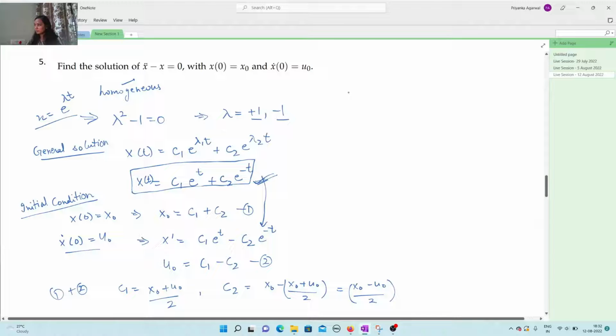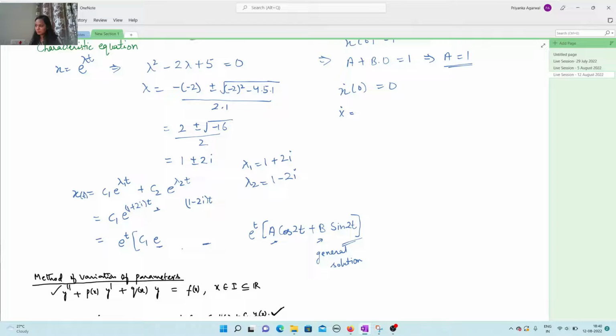Now we have to find x prime. Okay, so x prime will be e to the power t as common.